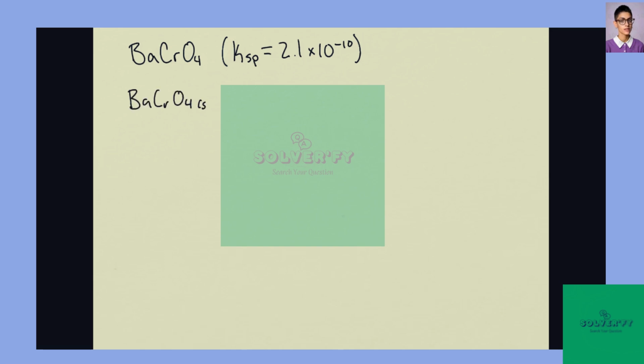BaCrO4, solid, partially dissociates to Ba2+, aqueous, plus CrO4 2-, aqueous. This means our KSP expression is the concentration of Ba2+ times the concentration of CrO4 2-.